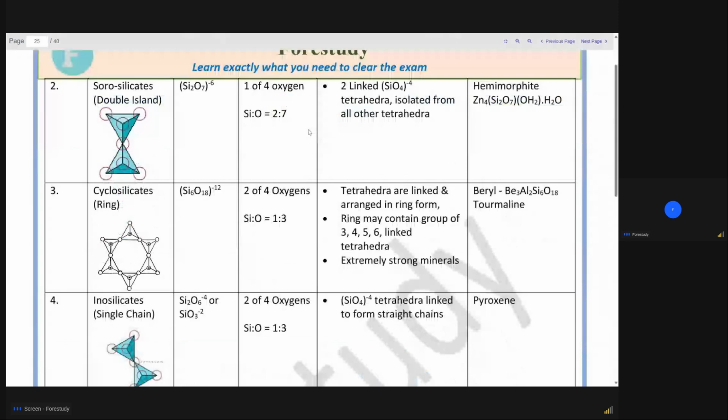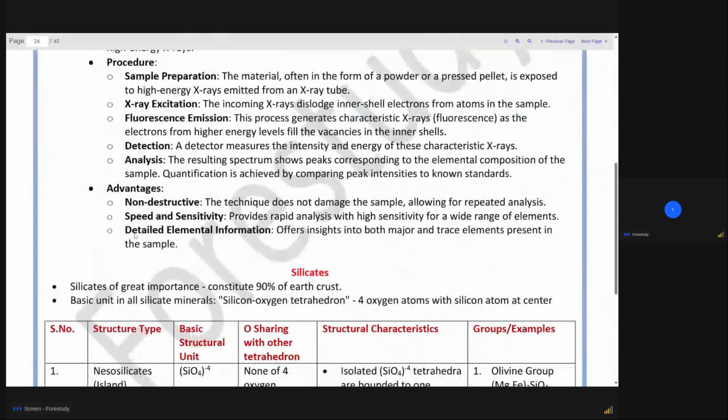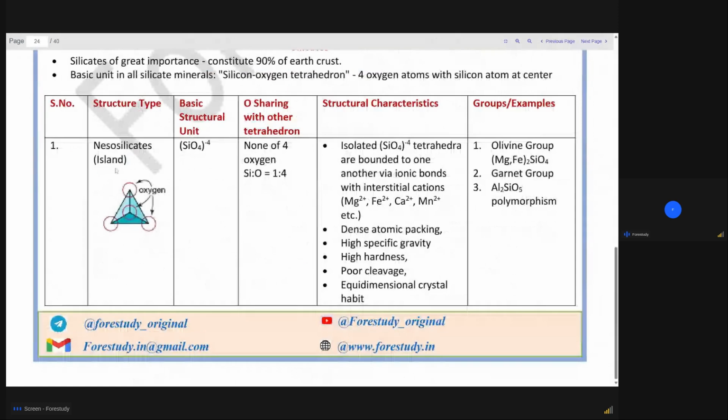The first is Nesosilicates. That means island silicates. In island silicates, all the tetrahedra will be isolated, that means they are not linked with each other.